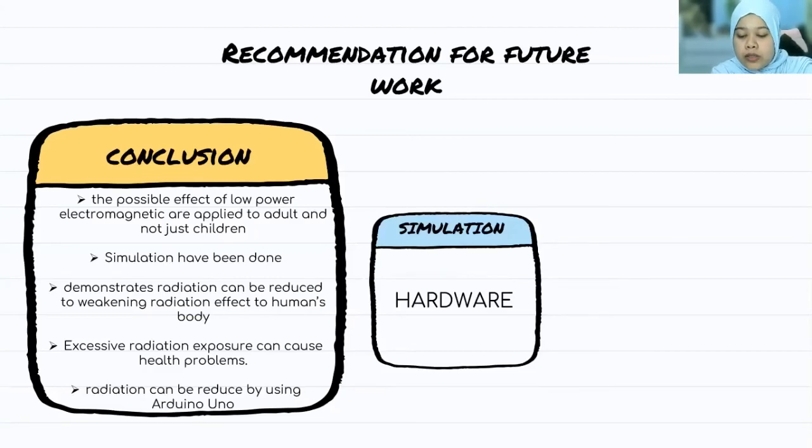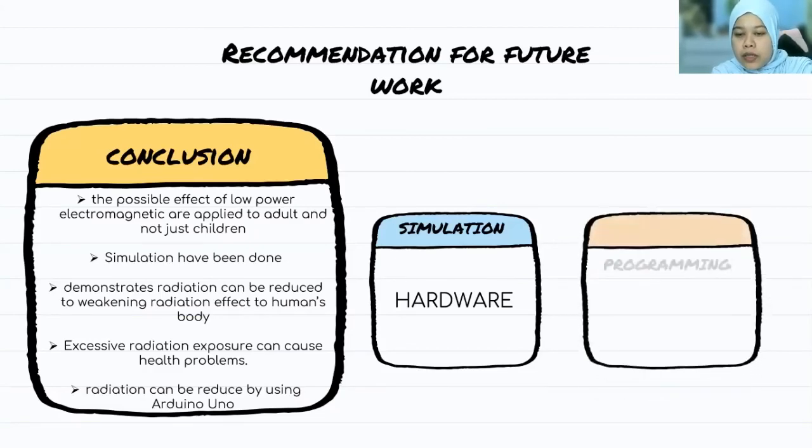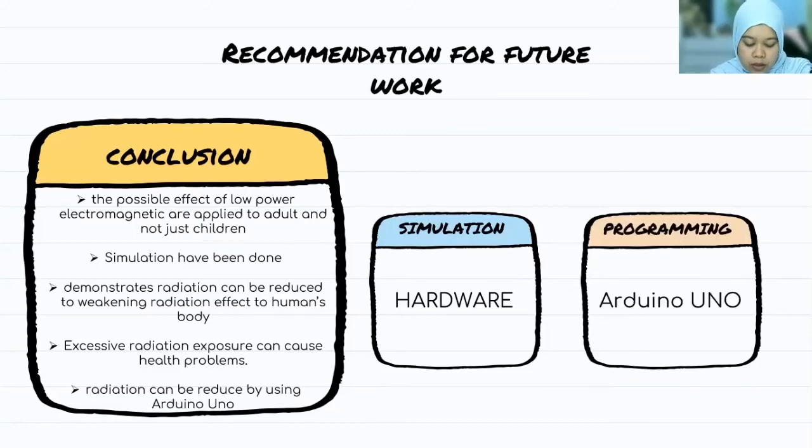Last but not least, for the programming, we still use Arduino Uno as our radiation blocker. Next slide, I will present about the future work that is related to hardware simulation.